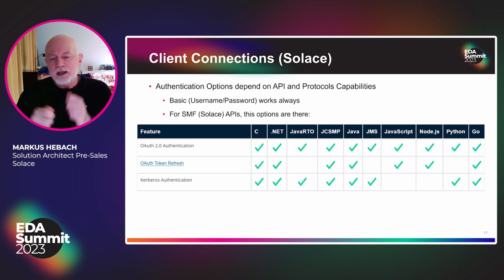That minimizes the time an unauthorized entity has access to the system. So if it needs to be refreshed and it doesn't get the refreshed token, then it will automatically disconnect it.